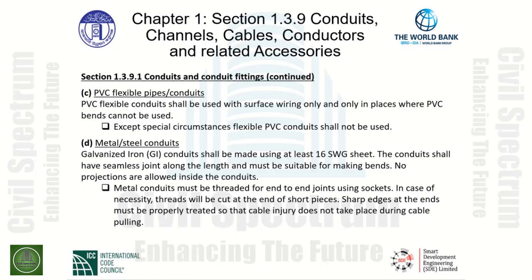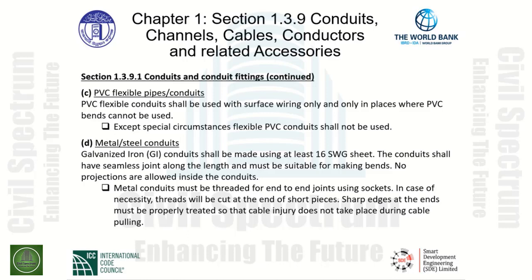No projections are allowed inside the conduits. Metal conduits must be threaded for end-to-end joints using sockets. In case of necessity, threads will be cut at the end of the short pieces. Sharp edges at ends must be properly treated so that cable injury does not take place during cable pulling.